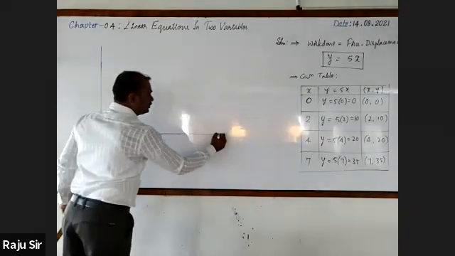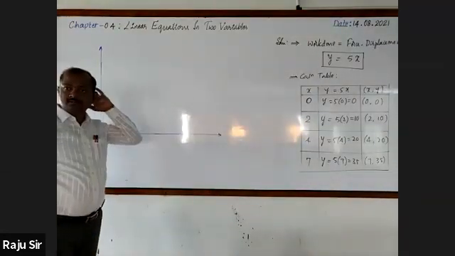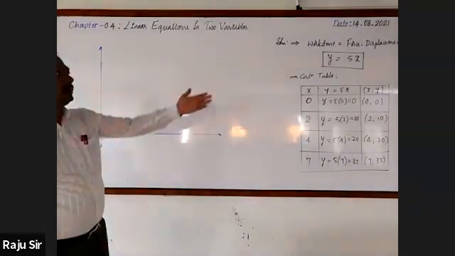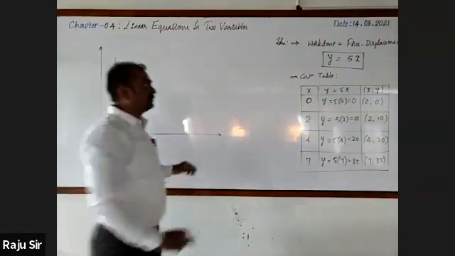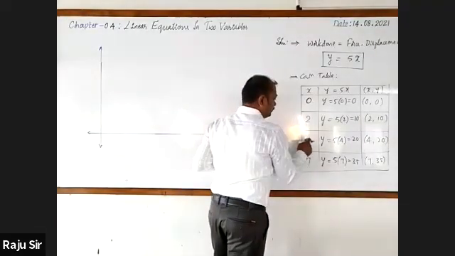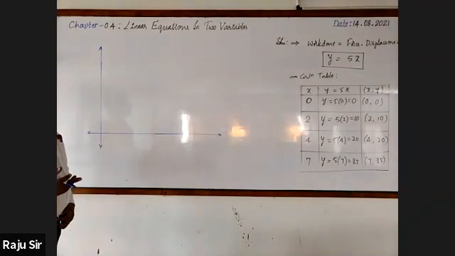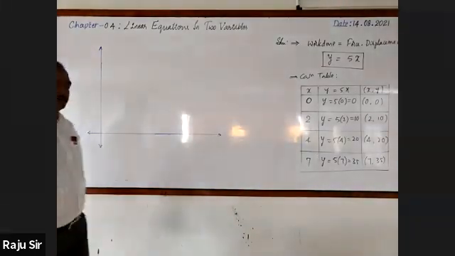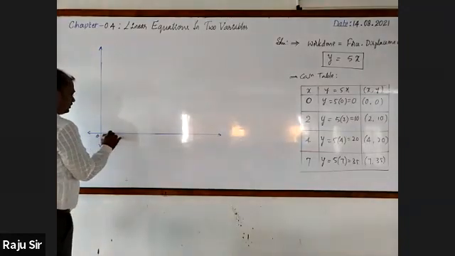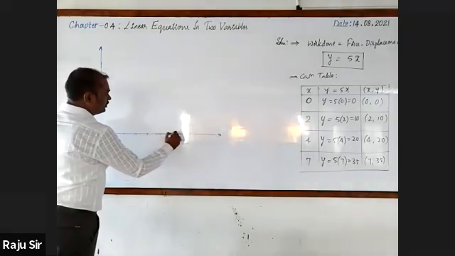Could you tell the scale? What should be taken along the x-axis? That is displacement. Displacement here we have taken 0, 2, 4, 7. 1 centimeter equal to 1 unit. So here, 1, 2, 3, 4, 5, 6, 7, 8.